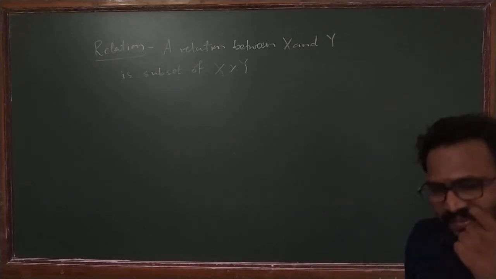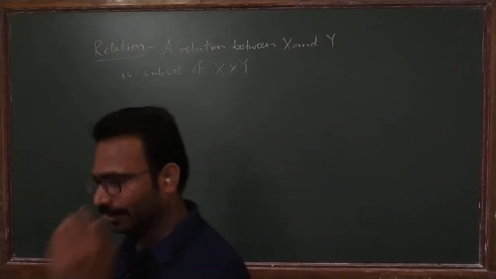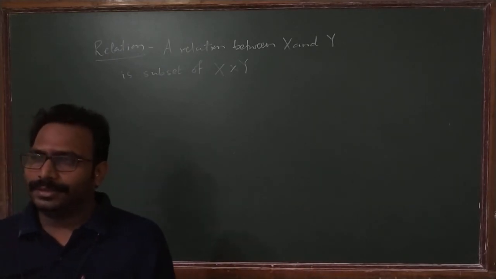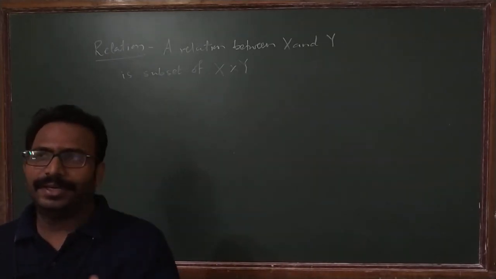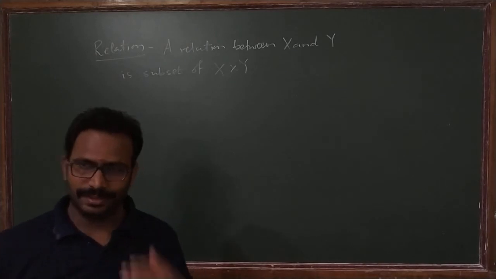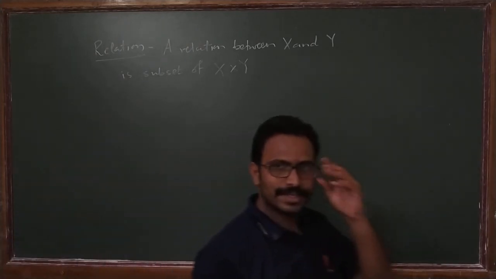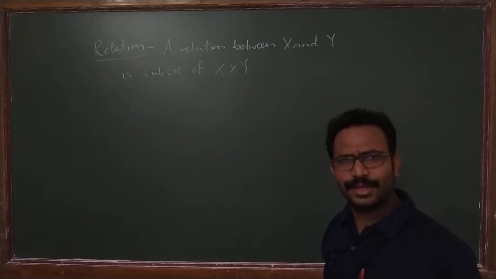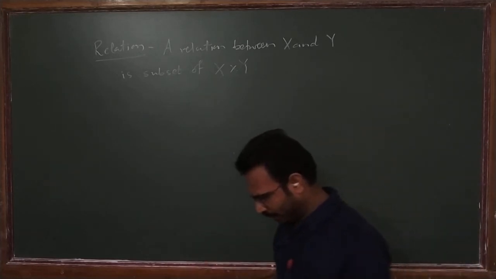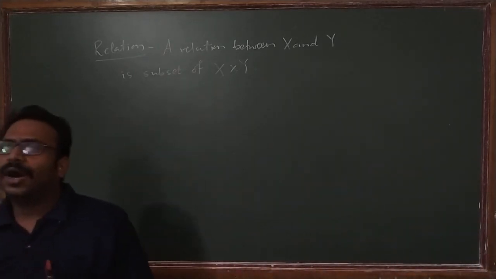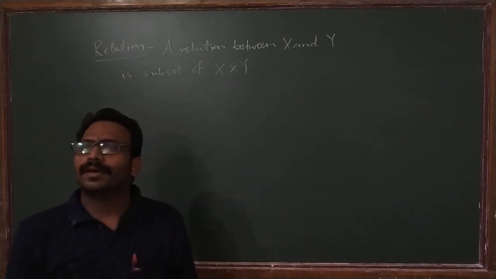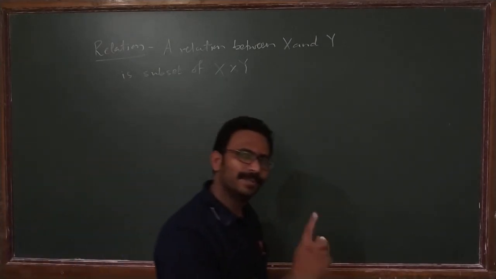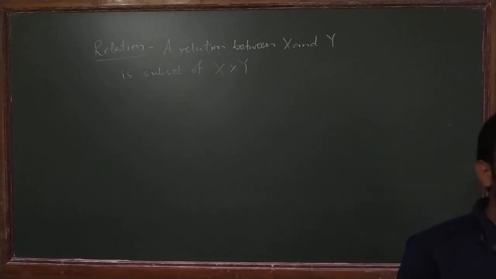You might have studied the types of relation: reflexive relation, symmetric relation, transitive relation, and equivalence relation. All these relations are subsets of the Cartesian product, because the Cartesian product takes all types of ordered pairs, so that the first element is from the first set and the second element is from the second set.